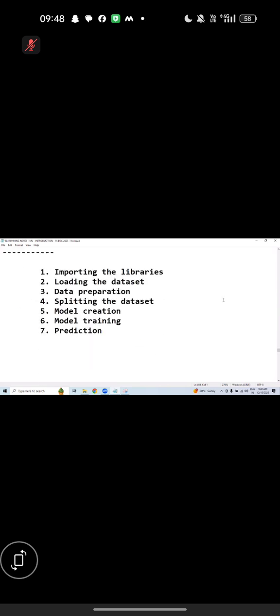Seventh one is prediction. Perfect. This is so-called ML steps. Is it important? If it is not important, why would I write it here, sir? This chapter is very, very important. The second one is called ML steps.